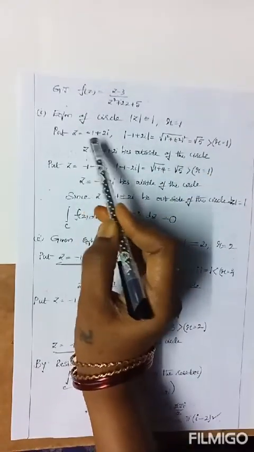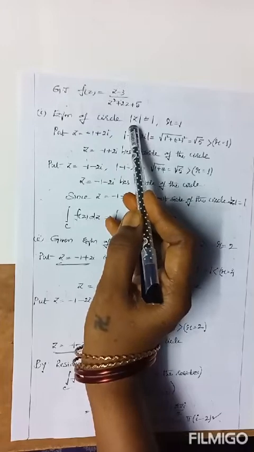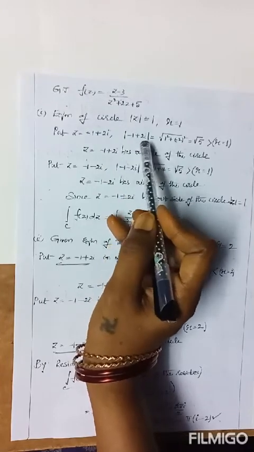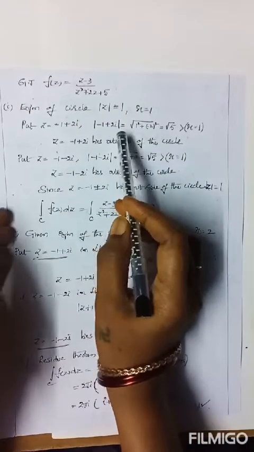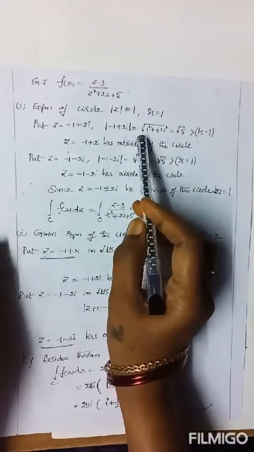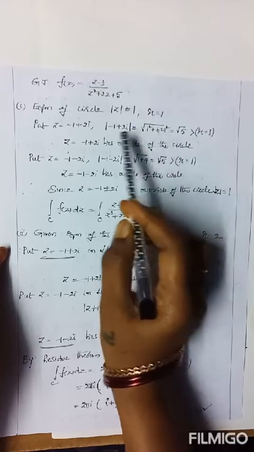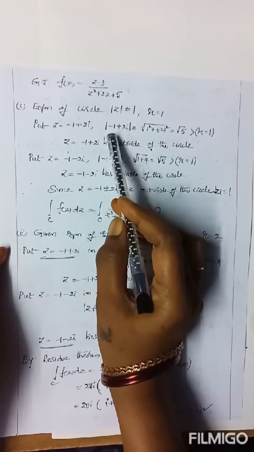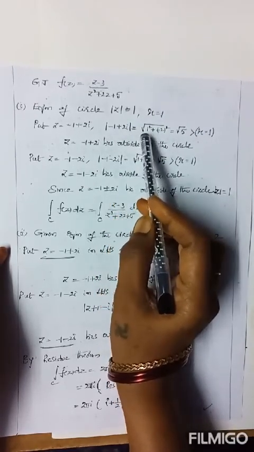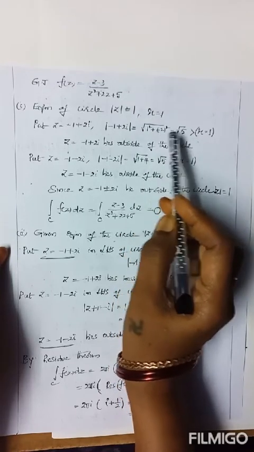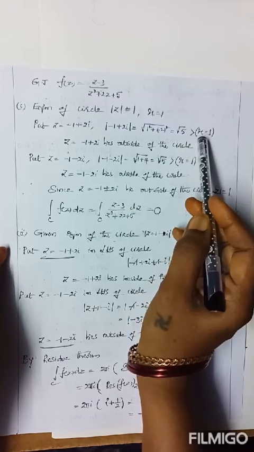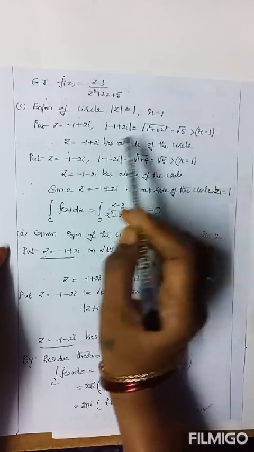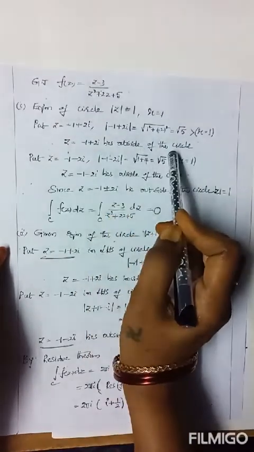Likewise, substitute the first point in the left side of the circle equation. The left side is modulus of minus 1 plus 2i, which equals root of a square plus b square for a complex number. Modulus of a complex number can be written as root of a square plus b square, that is root 5. Root 5 is nothing but 2 point something, which is greater than the radius, and so the point lies outside of the circle.